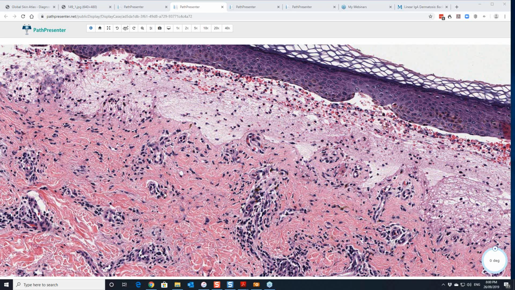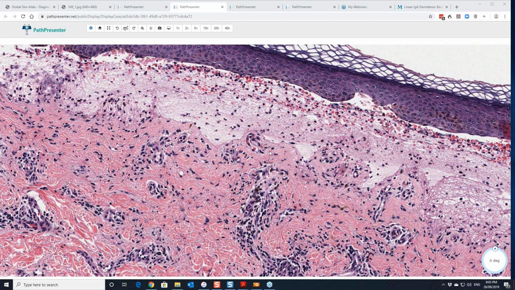In drug-induced bullous pemphigoid, eosinophils are often the predominant cell in the inflammatory infiltrate in this space.